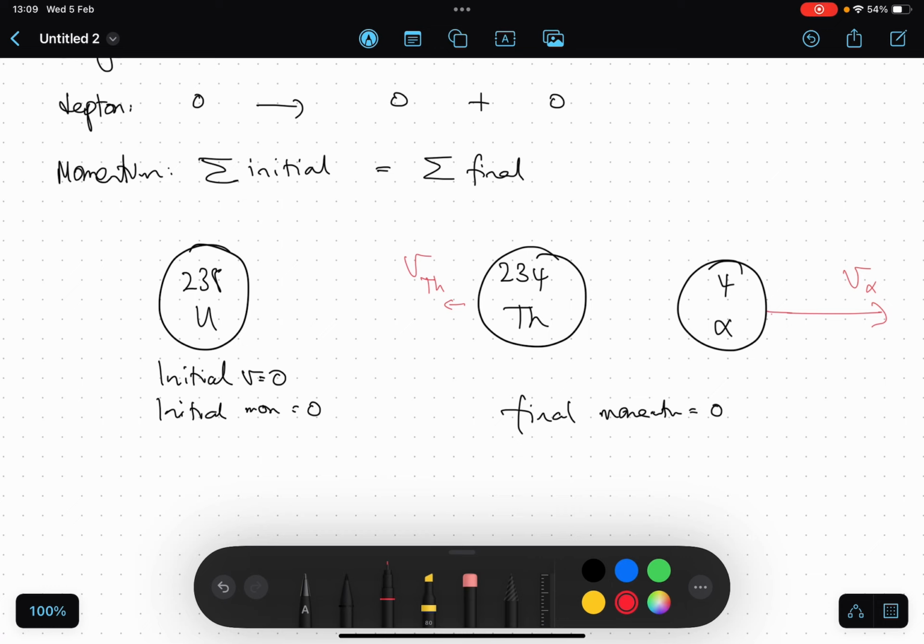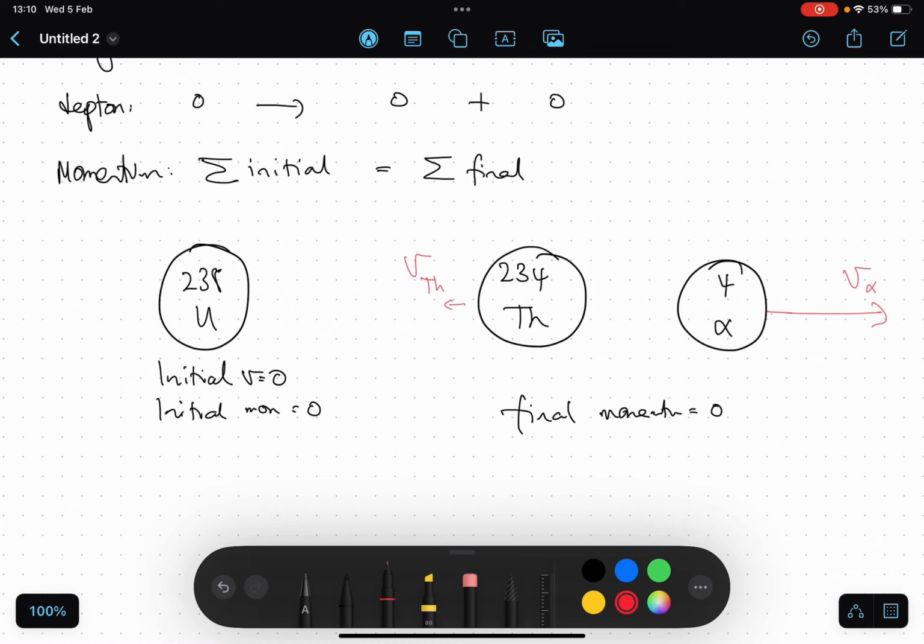The alpha particle and the thorium nucleus must have the same amount of momentum, but moving in opposite directions. So when we add them up, they sum up to 0. Now, in reality, the thorium is part of a metallic lattice. It's not actually going anywhere. I guess there's an increase in vibrational energy. That's the form that momentum is seen in.